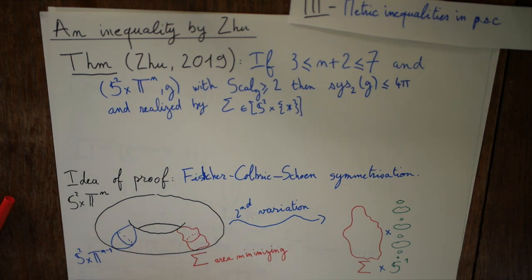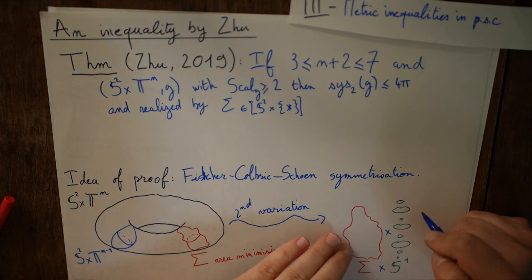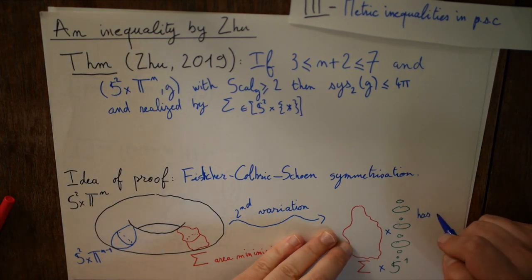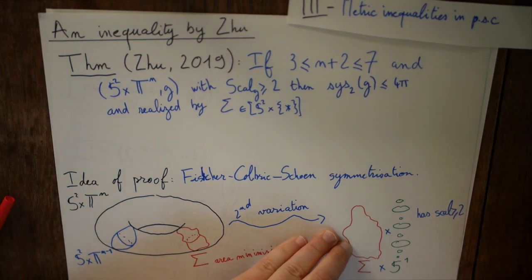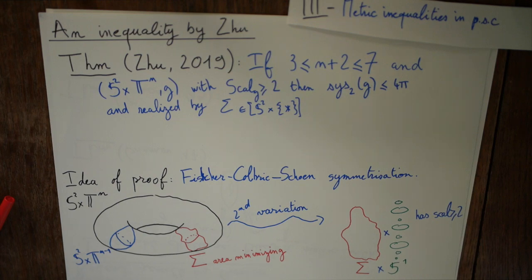And if you take a warped product of this kind, then you will get that this has scalar curvature greater than 2. So we are able to preserve our lower bound on the scalar curvature that we had to begin with.